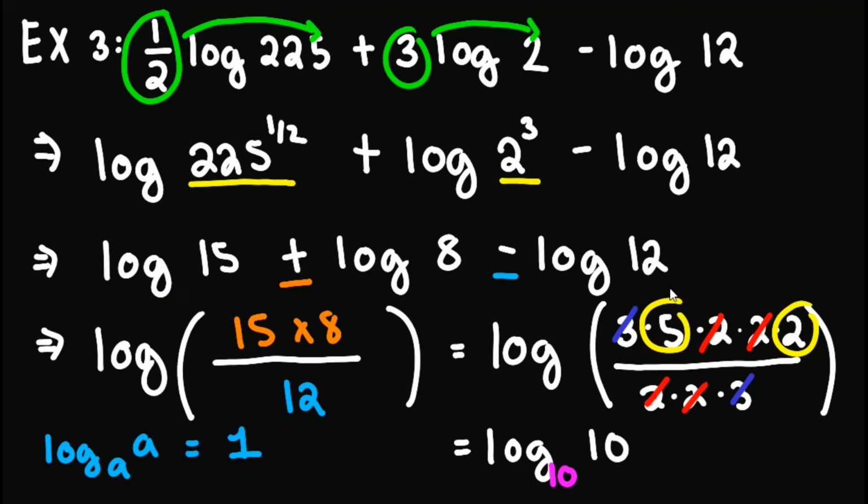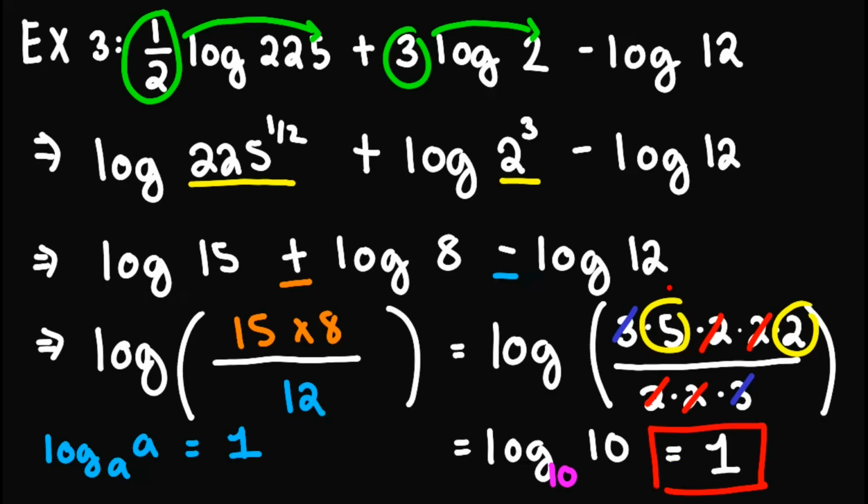Therefore, this logarithm out here just simplifies to 1. So very nice. And that one out here is the answer. So as you can see, a very large logarithmic expression just simplifies to 1. So a really nice application of the laws of logarithm.